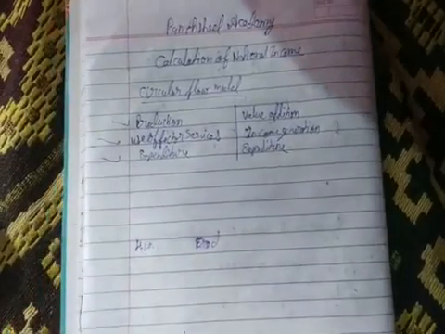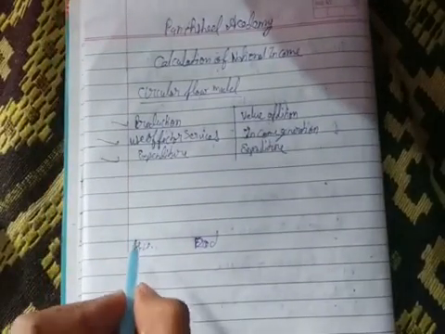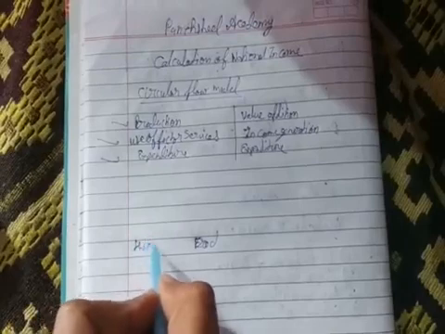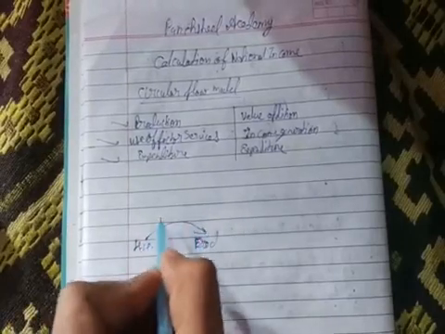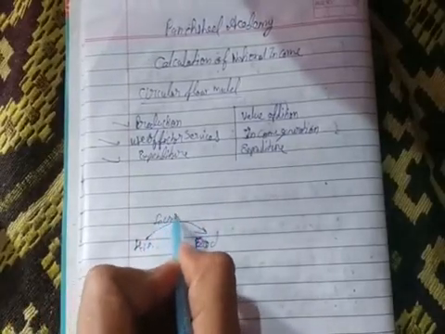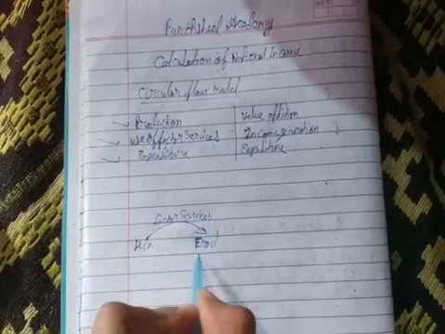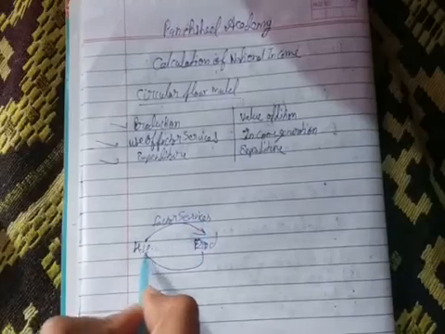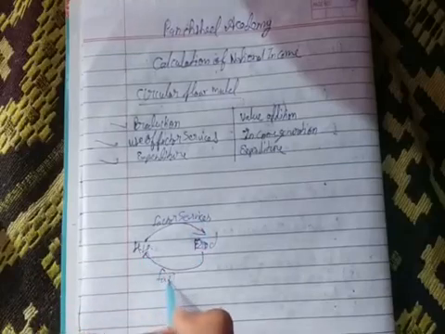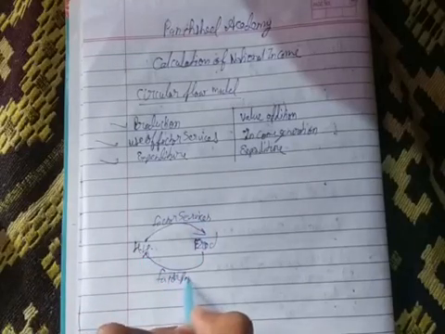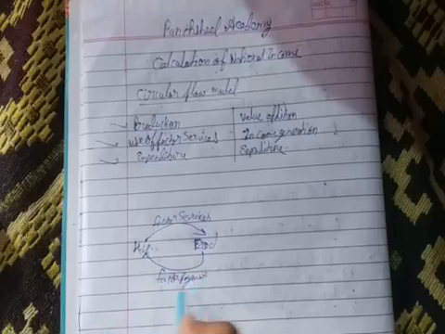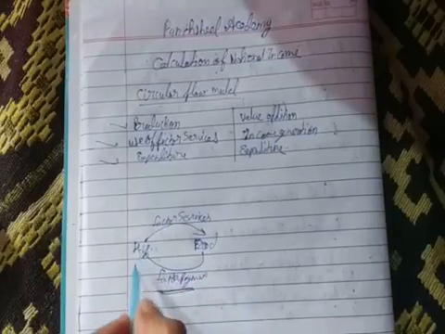You have seen the circular flow model. In that, households provide factor services. In return, the producer gives factor payment. So this is the income portion.